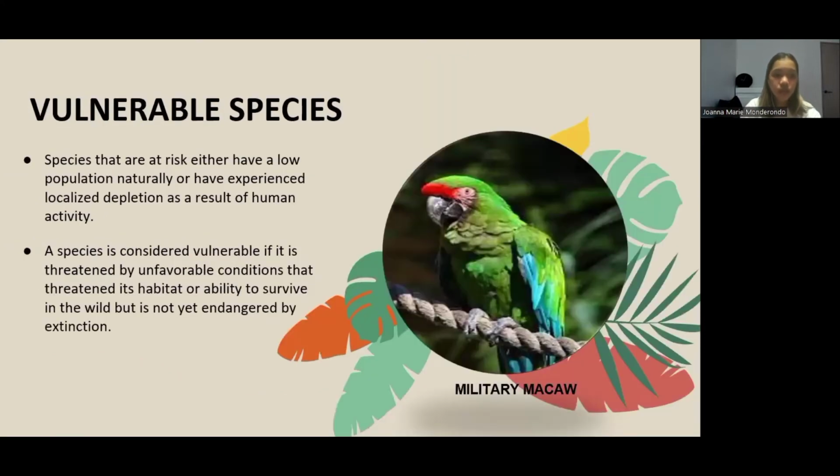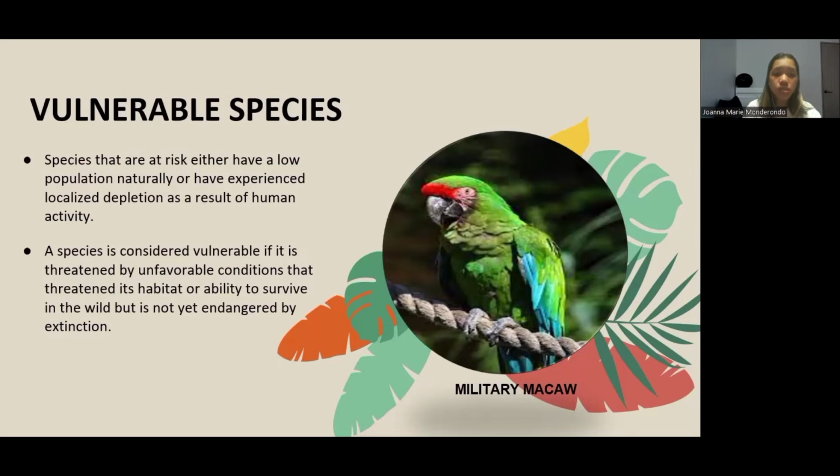So next is the vulnerable species. Vulnerable species are species at risk that either have a low population naturally or have experienced localized depletion as a result of human activity. Vulnerable species are also considered vulnerable if they are threatened by unfavorable conditions that threaten their habitat or ability to survive in the wild, but they are not yet endangered by extinction.